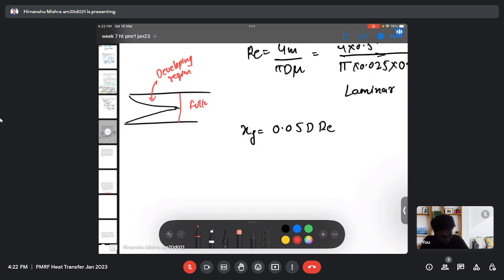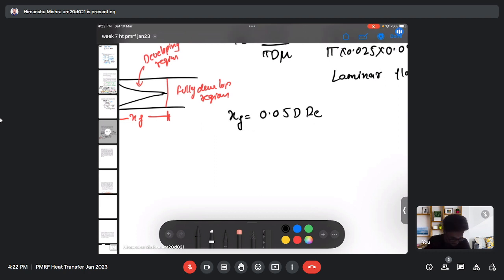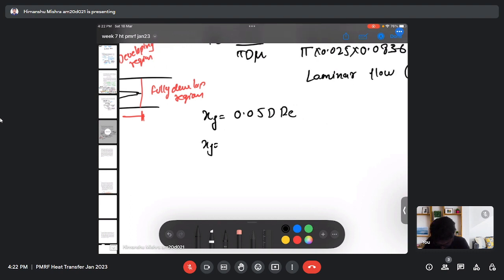This is my fully developed region, and this is my xf. So for the laminar case, my xf is given by this correlation. This is for the hydrodynamic boundary layer. And on putting the values here, my xf would be around 0.4 meter.